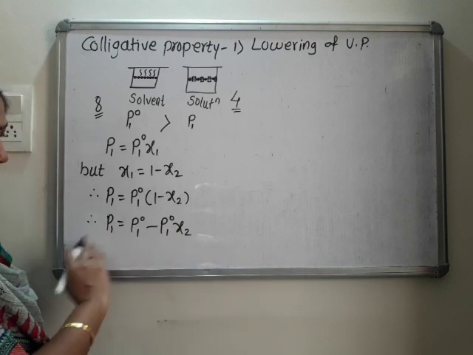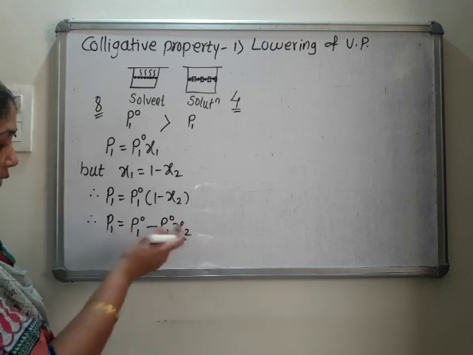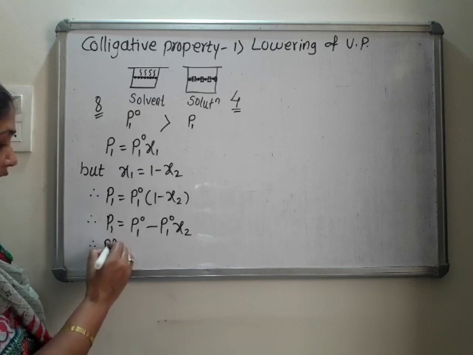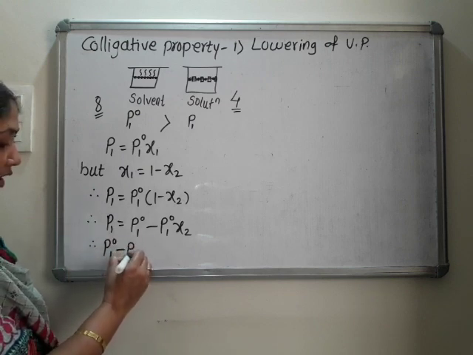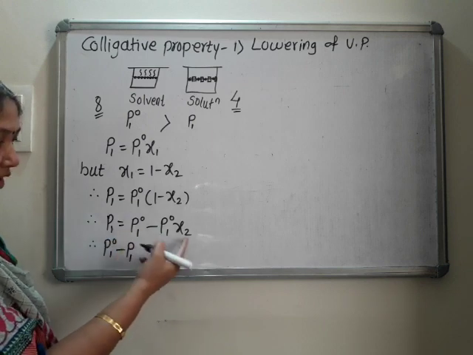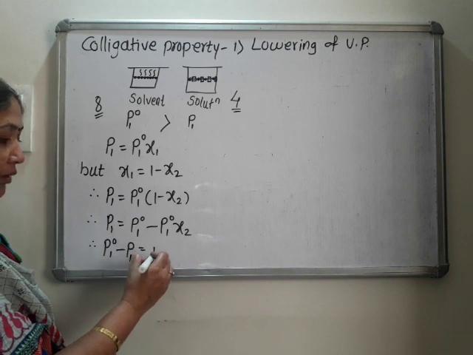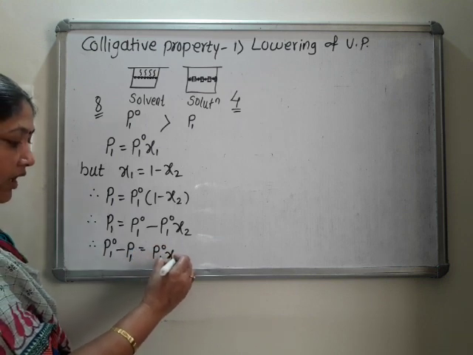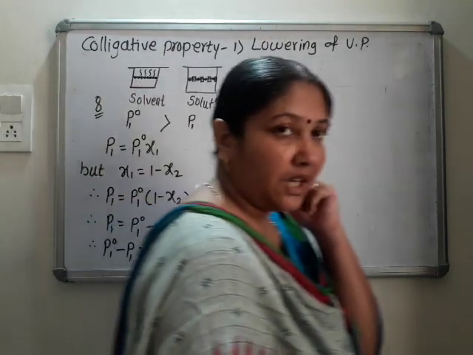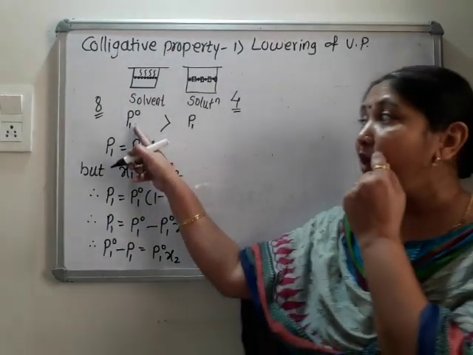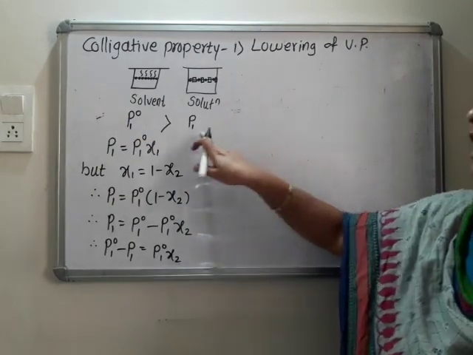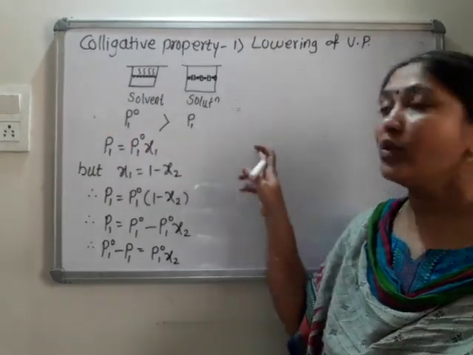Shift this P01 x2 to this side and P1 to the other side. Therefore, this becomes P01 minus P1. P01 as it is, P1 goes there so becomes minus, and this comes to this side so becomes plus P01 x2. And what is P01 minus P1? P01 is vapor pressure of pure solvent and P1 is vapor pressure of solution.